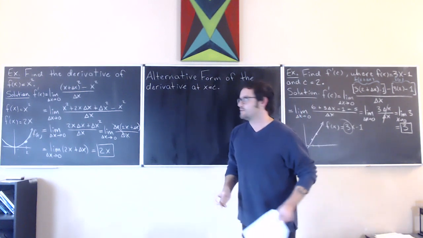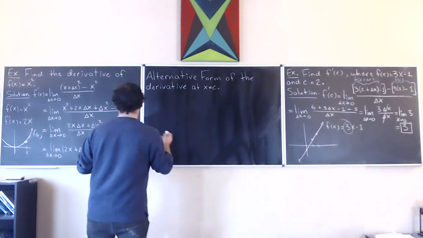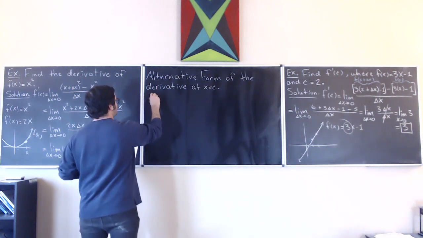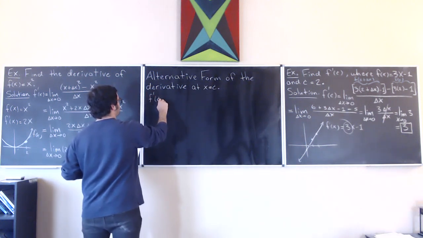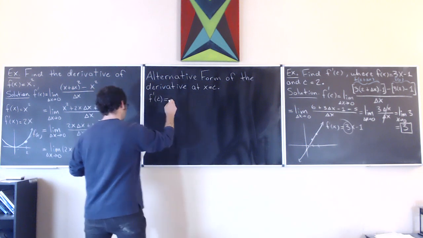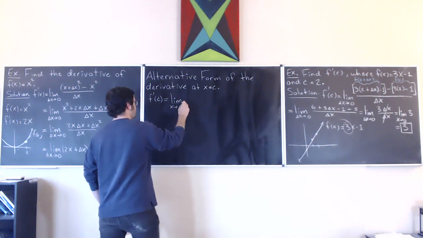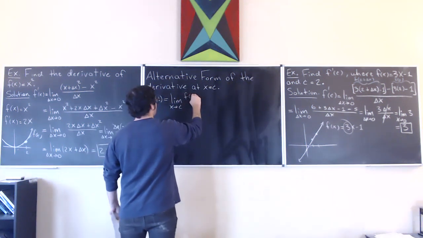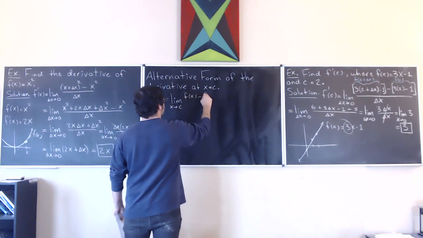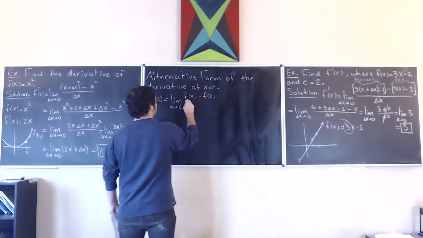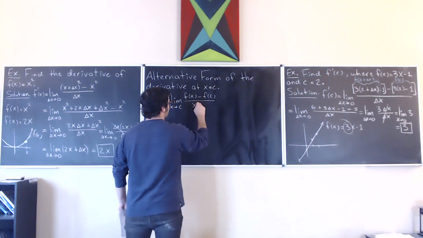Okay. So this alternative form is given by f prime of c equals the limit as x goes to c of (f of x minus f of c) all over (x minus c).